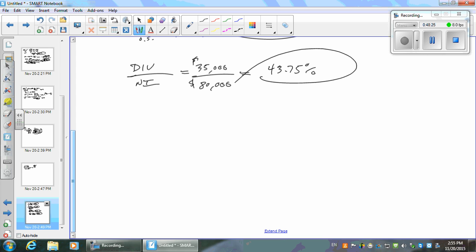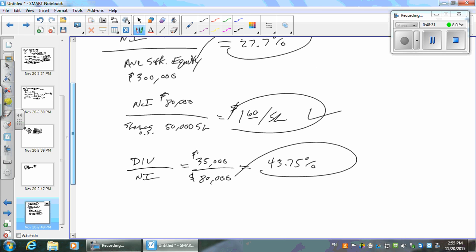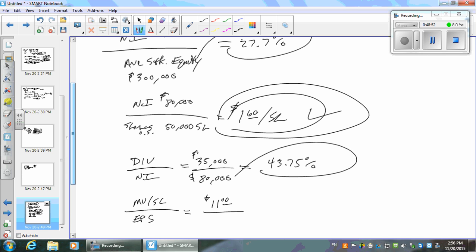Oh, I didn't do price earnings today. Price earnings ratio, what would that be? What's the price per share? Market value per share, divided by earnings per share. The market value per share is $11. You just calculated the earnings per share: $1.60.